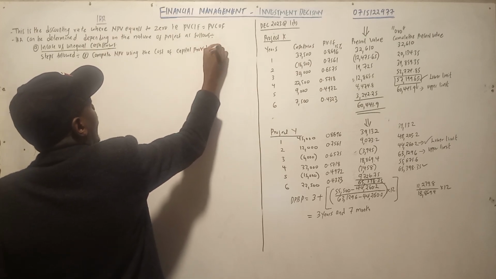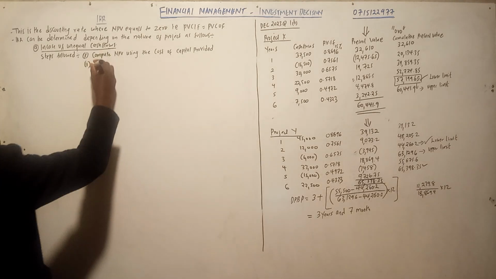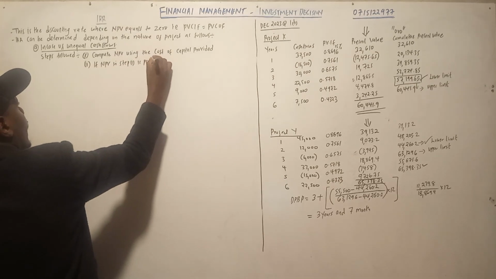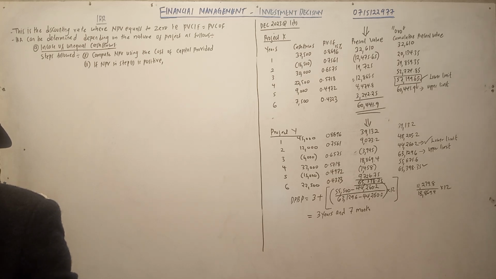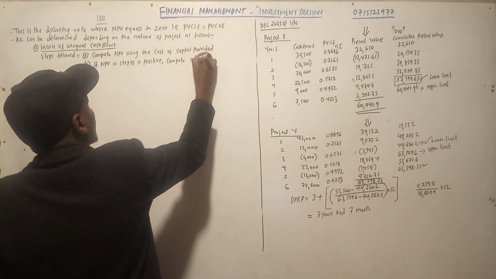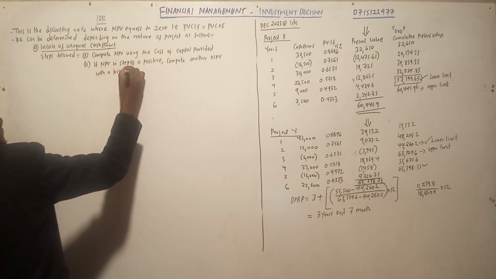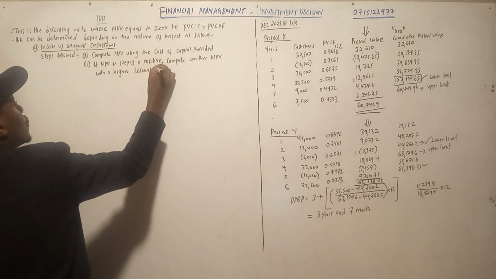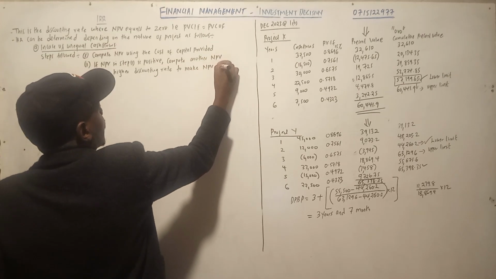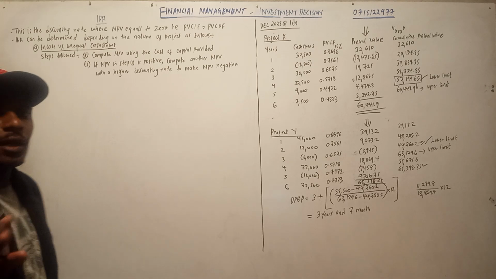Number two, if NPV in step 1 is positive, compute another NPV with a higher discounting rate to make NPV negative.